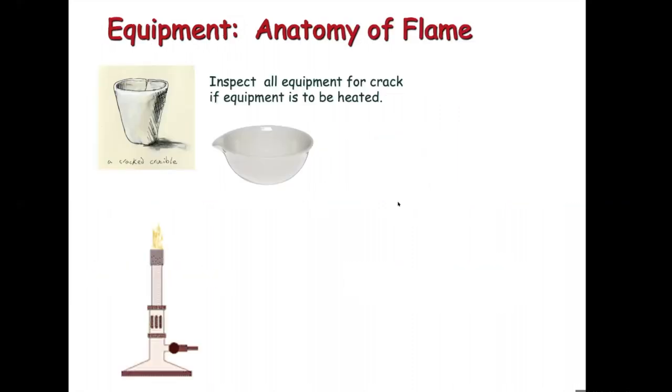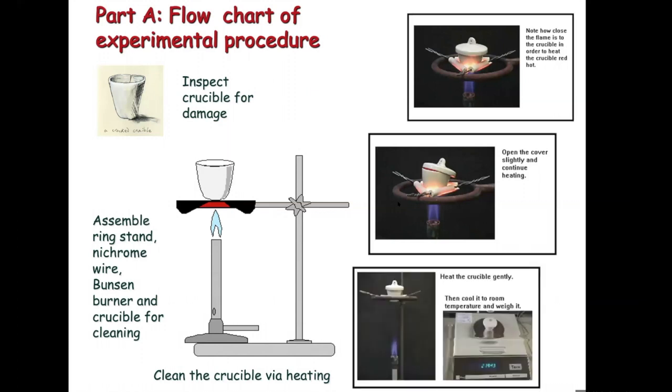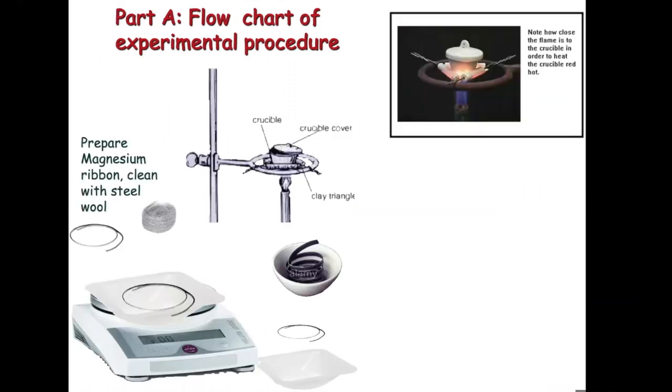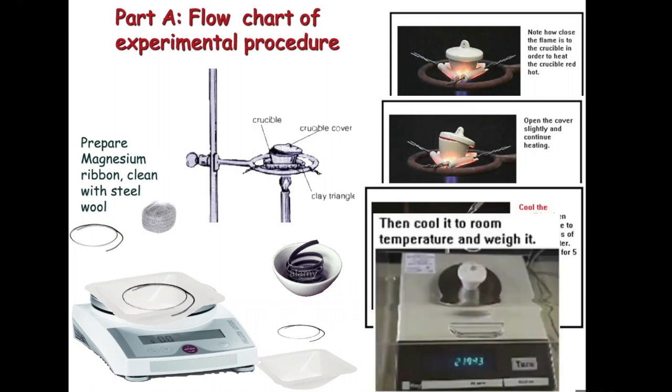So in this particular procedure, you guys are going to be adding a little bit of water to remove the magnesium nitride and convert everything to magnesium oxide. You guys aren't doing the experiment, but if you were, that's what you would be doing, okay? You add the water, and then everything converts over, you cool it, and then you weigh it.